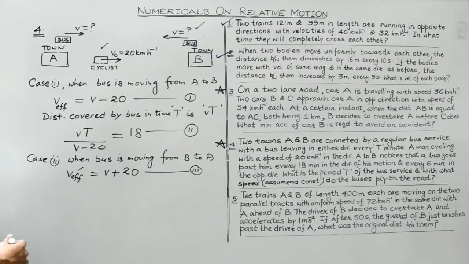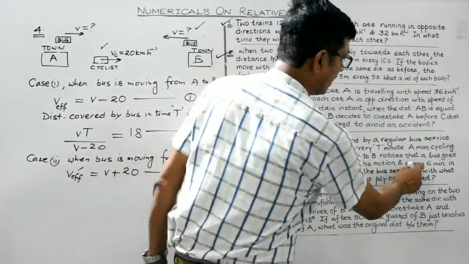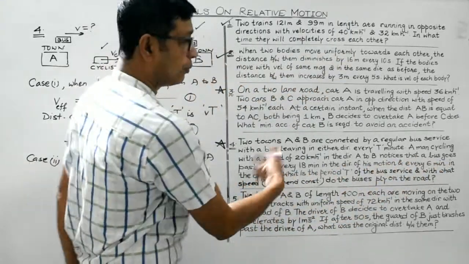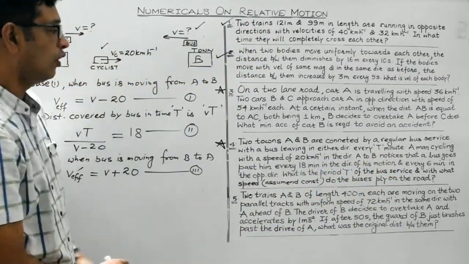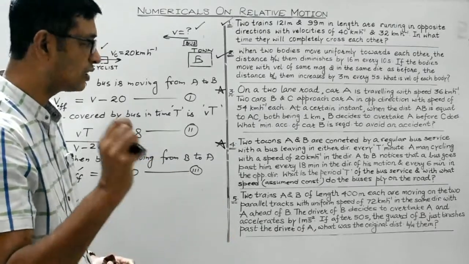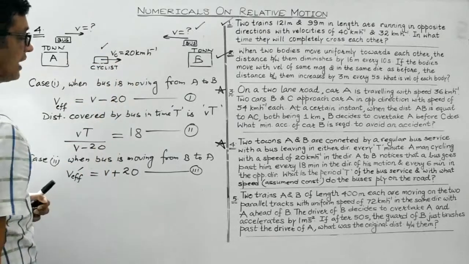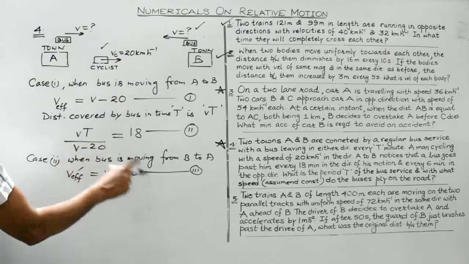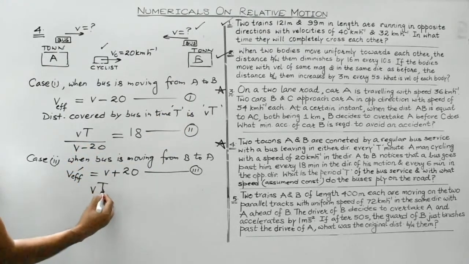Now, what would be the equation? The cyclist observes that the bus goes past him every 6 minutes in the opposite direction. So the time is 6 minutes. The distance covered by the bus during time capital T is VT.